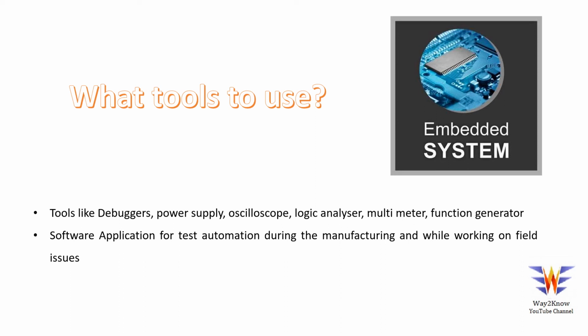For example, a software application is developed which sends some data to the unit, collects the status of the unit, and tells whether all the interfaces are operational or not, giving pass/fail criteria directly in the application. This makes the life of the manufacturing house and also the field engineer happy.